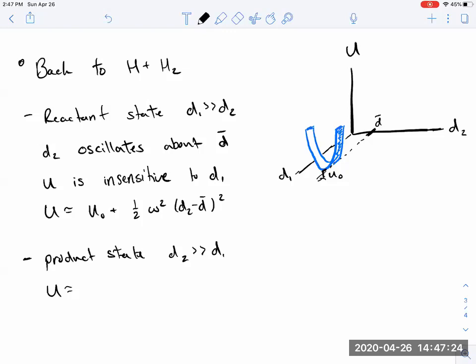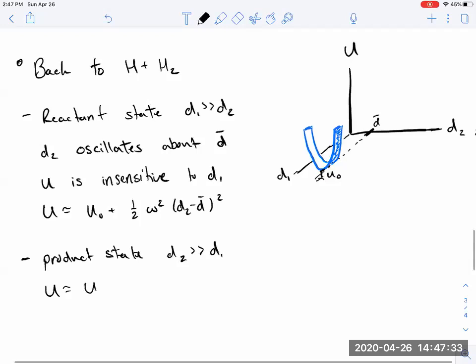So d1 would oscillate like a harmonic oscillator about some H2 average bond distance. Especially if these are the same kind of hydrogens, not deuteriums, not anything that would change the bond strength, you'd have the same potential offset and the same characteristic stiffness of that harmonic oscillator, now about d1.